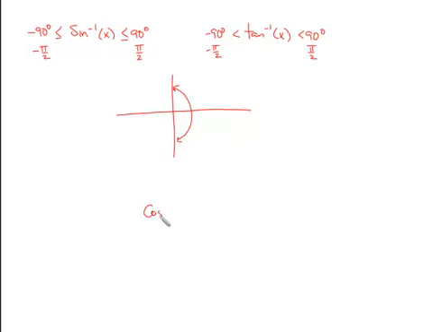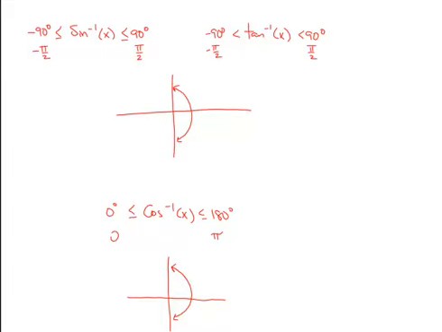Inverse cosine, however, goes between 0 degrees and 180 degrees, 0 radians and pi radians. Why? Because if we looked at the same region for inverse cosine that we do for sine and tangent, cosine is positive here and also positive down here.